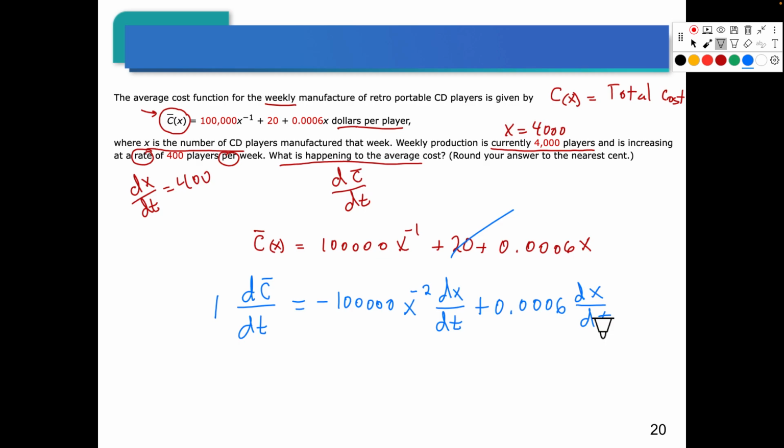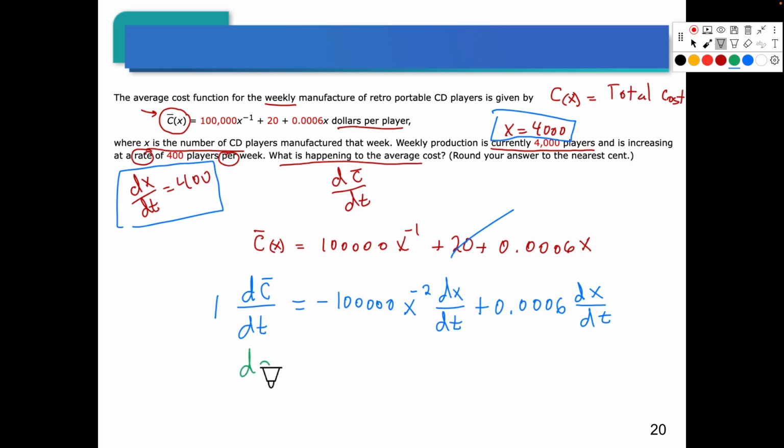Let's see if we can plug in some numbers for values, and that's where this stuff up here is going to be helpful. We've got the derivative is 400. We've got that x is 4,000. And that's all we got, but that's all we really need. So I'm going to change colors here.